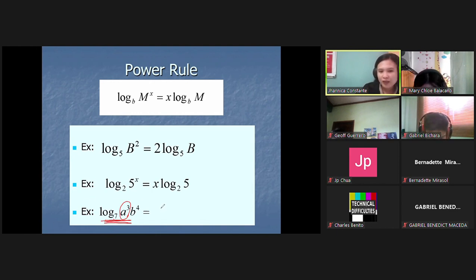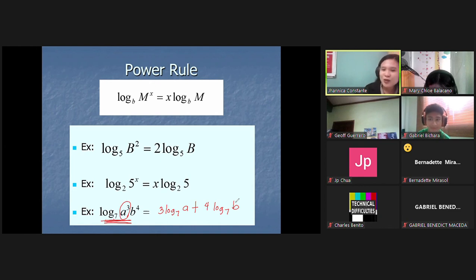We will have 3 logarithmic 7a, since it's a combination with the product rule, plus 4 logarithmic 7b. So that is the expansion of the logarithmic 7 of a cubed and b to the 4.